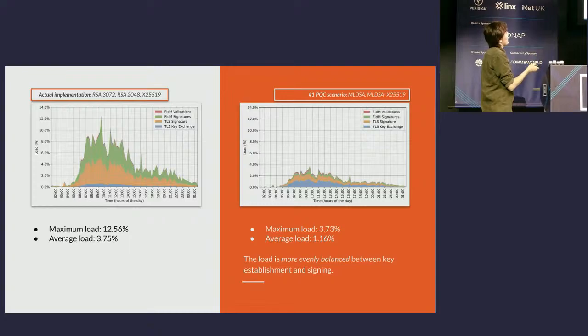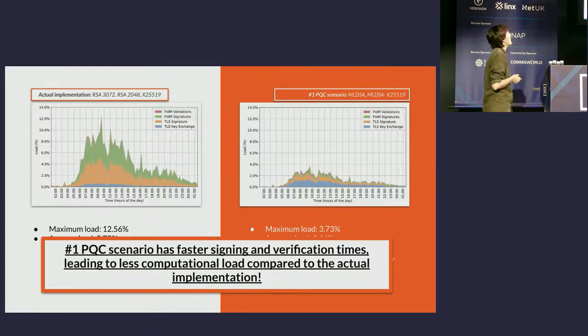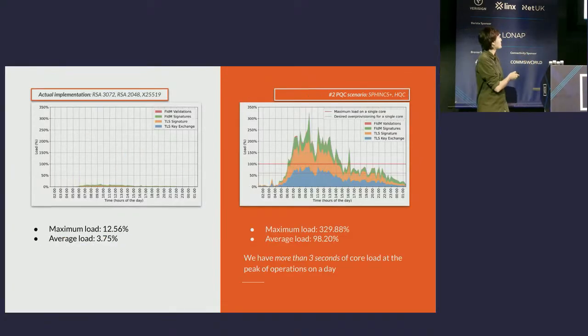The maximum load is actually lower than the one they currently use, and the average one too. And it's more balanced between key exchange and signing. So the first PQC scenario has faster signing and verification time, which is very nice for operators, and this leads to less computational load compared to the actual implementation that SURF is using.